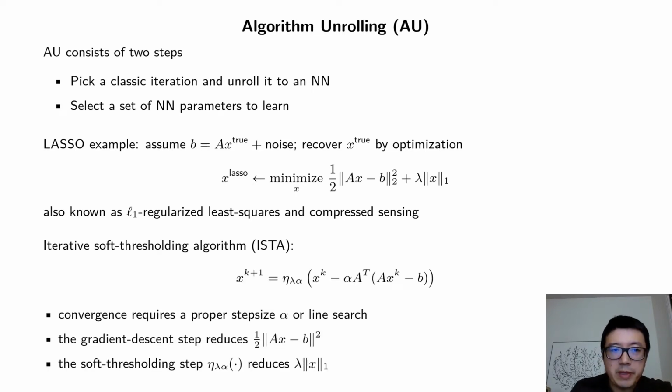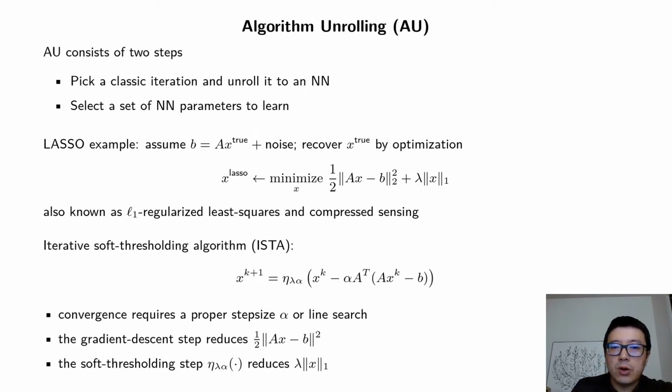One of the most basic and simplest iterations for the lasso model is the iterative soft thresholding algorithm, or ISTA. The inner iteration is a gradient descent step on the least squares term with a step size alpha, and the outer iteration is a proximal mapping corresponding to the L1 norm.